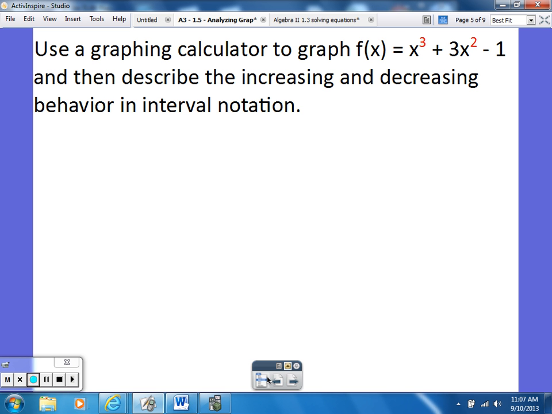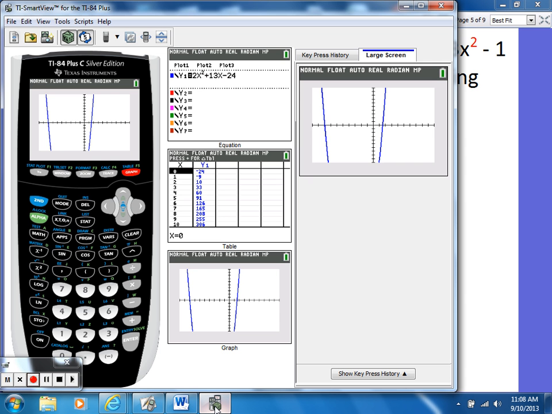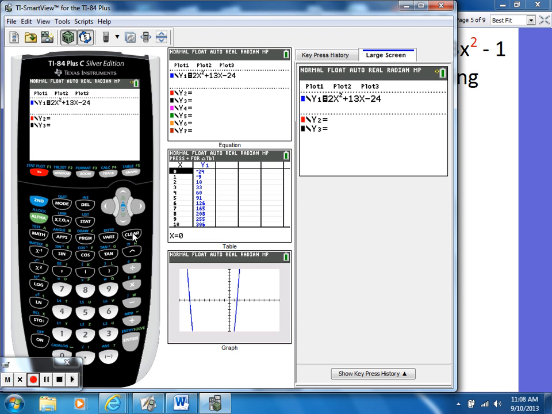So after you copy down that problem, go ahead and graph it. So I'm going to go ahead and graph this. It's x cubed plus 3x squared minus 1. Now, this is where you may say, all right, I don't really like this calculator because it's new to you. Because when you do x caret 3, after you do that, you must hit the right arrow key twice.